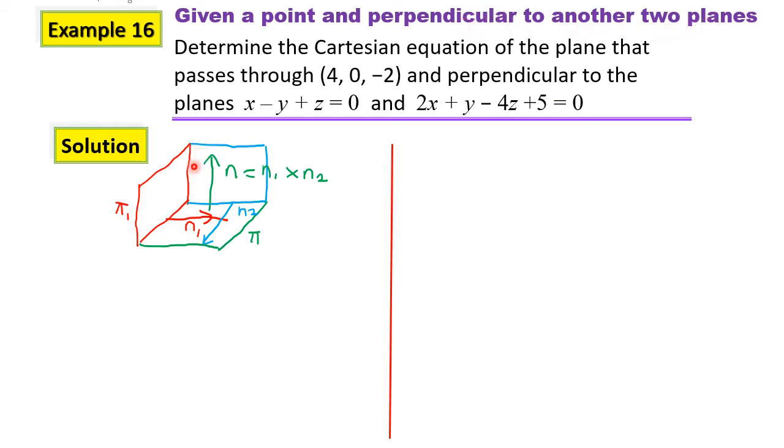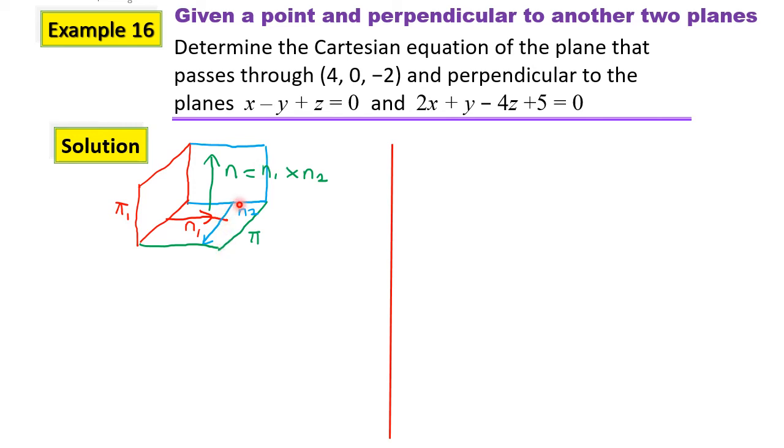So as you can see from the diagram here, our plane is the green one at the base here, and on the left we have plane pi 1, and at the back we have plane pi 2. So from plane pi 1 we have N1, and from plane pi 2 we have N2.